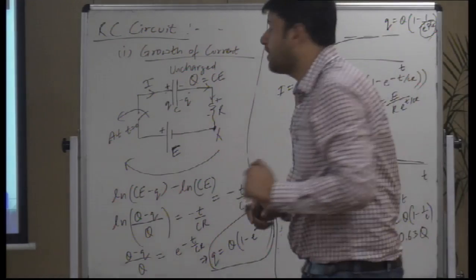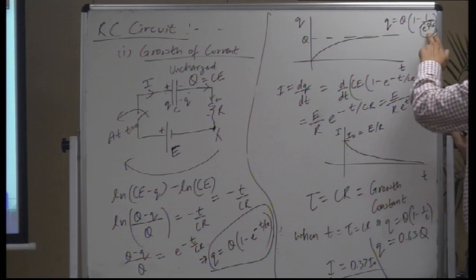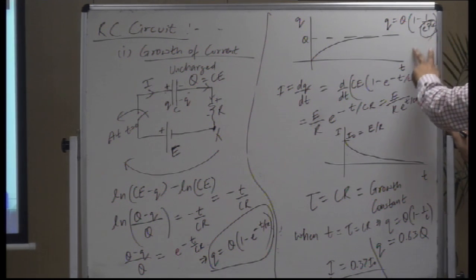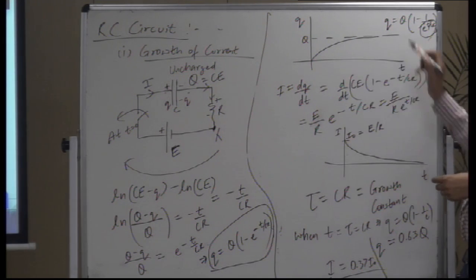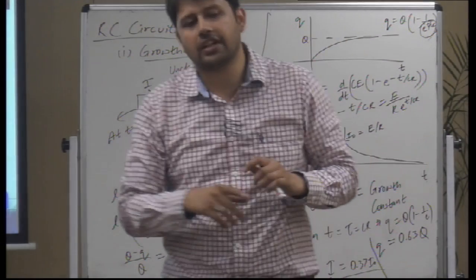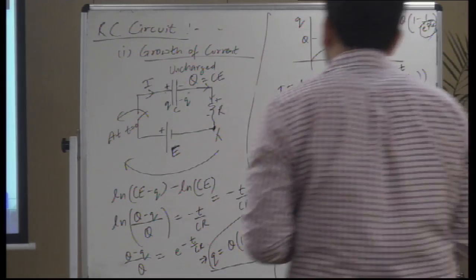When t becomes infinite, the denominator becomes infinite, this value becomes 0 and the difference becomes 1. So the charge increases exponentially, but it rises rapidly in the initial parts, then slowly in the later parts.